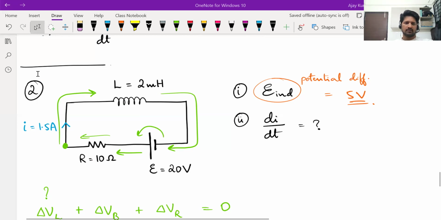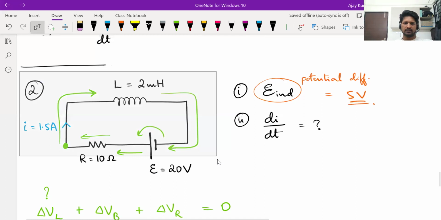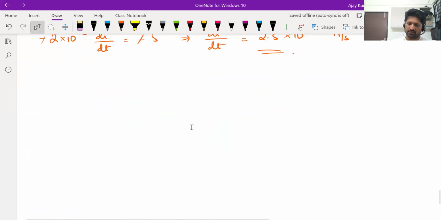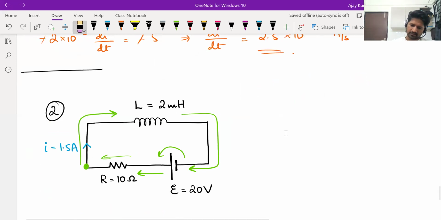Fine. Now let us try another question, this time reverse. I'll give you the rate of change of current. You have to tell how much current is flowing at that moment. I'll change these values.